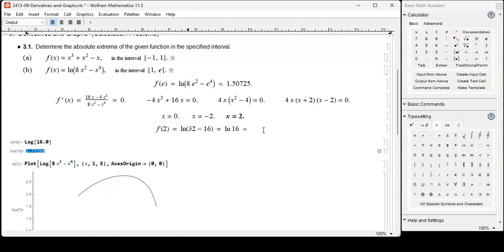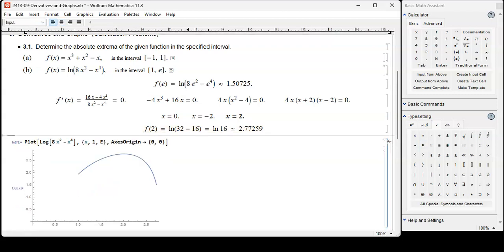Anyway, that's the absolute maximum. So absolute minimum at x equals e with the absolute minimum value 1.5 something. Absolute maximum at x equals 2. Absolute maximum value is 2.77 something.